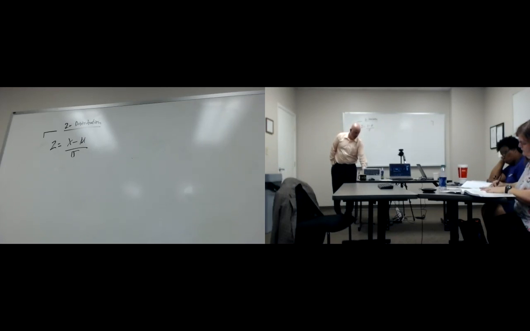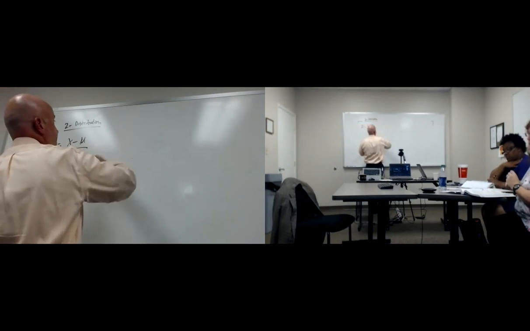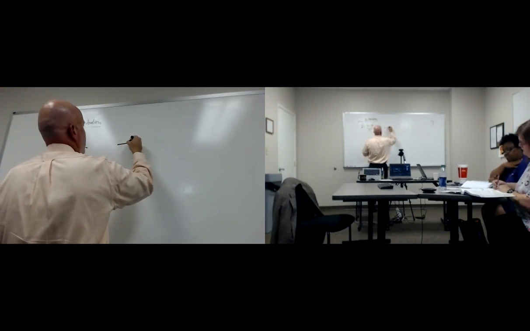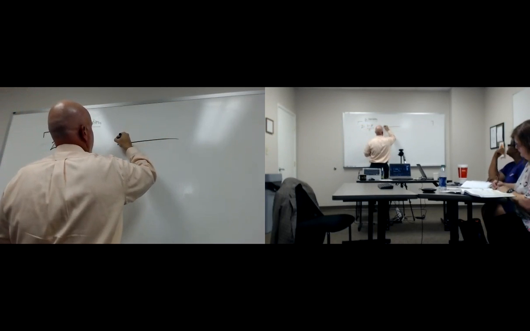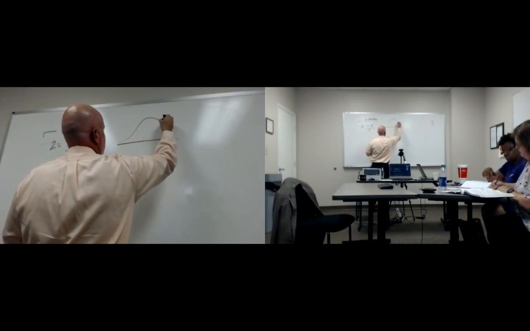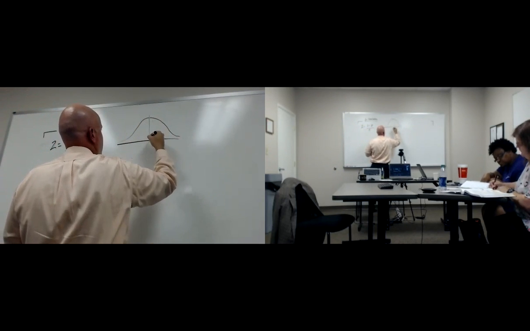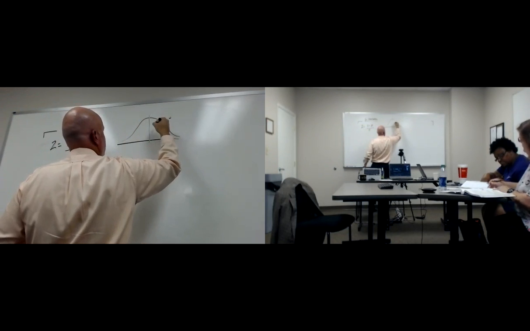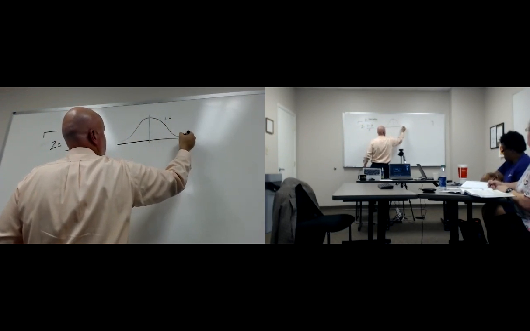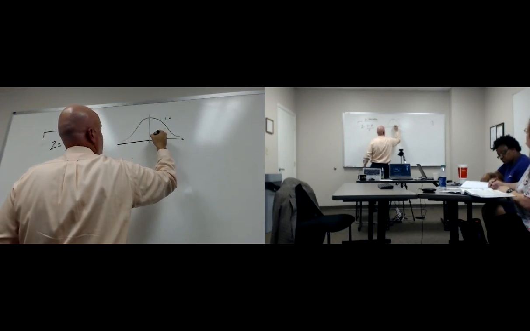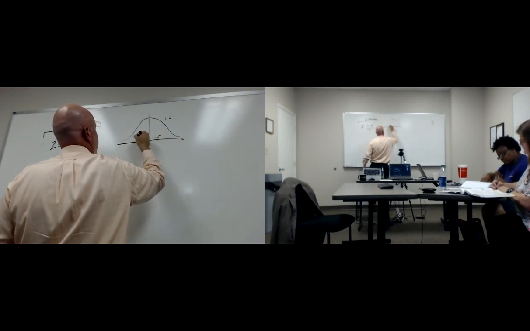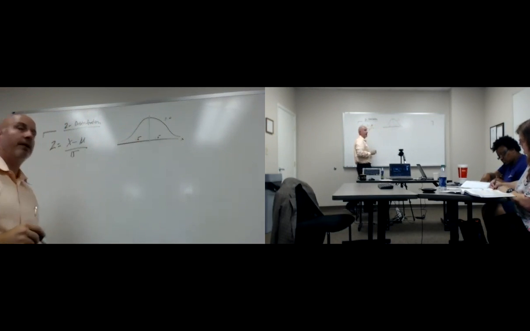And what we are going to reference is Appendix B3. So again, here is my curve. We said this was 0.5 and this was 0.5.